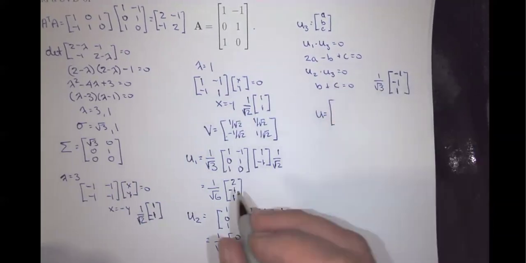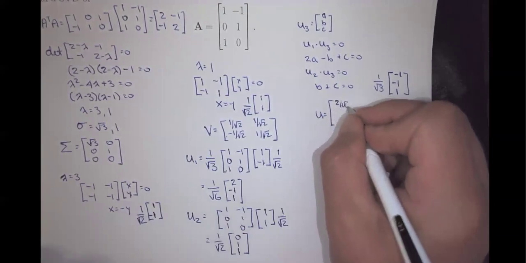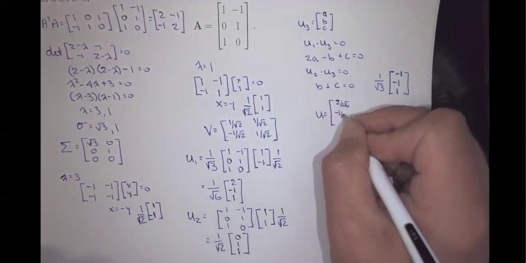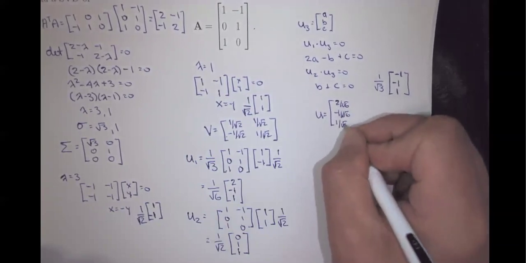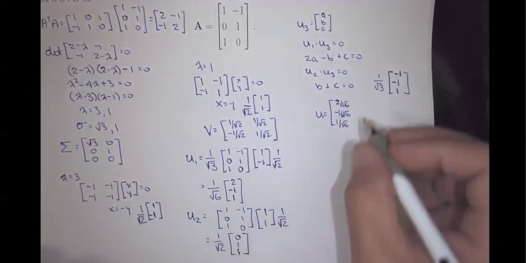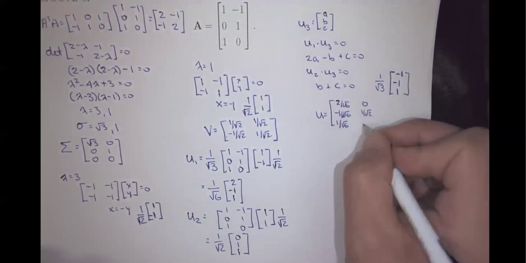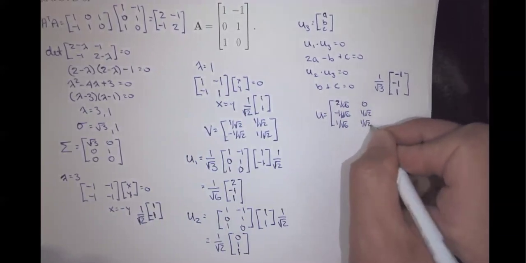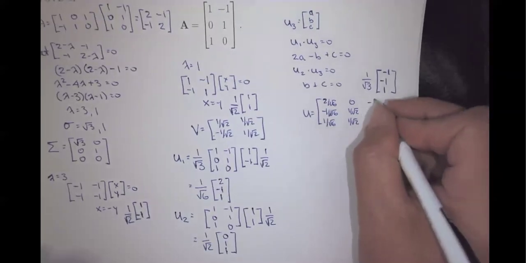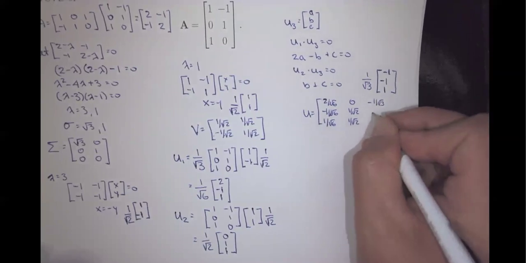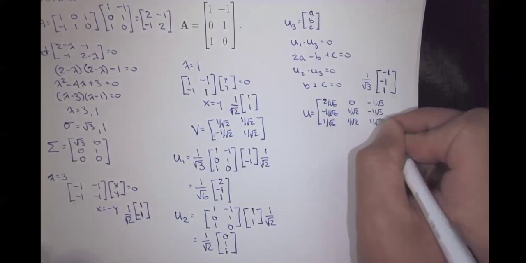U is going to be U1, so 2 over root 6, negative 1 over root 6, and 1 over root 6. U2 is 0, 1 over root 2, 1 over root 2, and then finally here, negative 1 over root 3, negative 1 over root 3, and 1 over root 3.